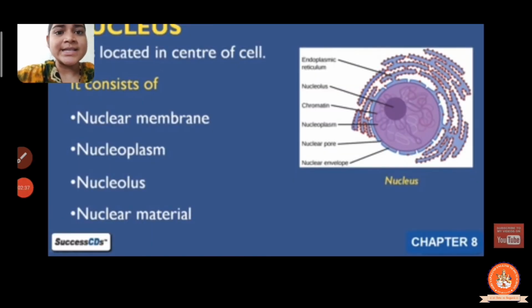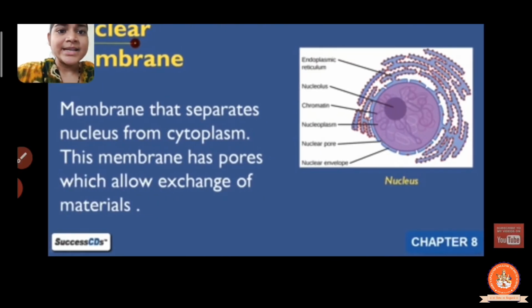So the first one is the nuclear membrane. It is the membrane that separates the nucleus from the cytoplasm. This membrane has pores which allow the exchange of material. Again I repeat, the membrane that separates the nucleus from the cytoplasm.